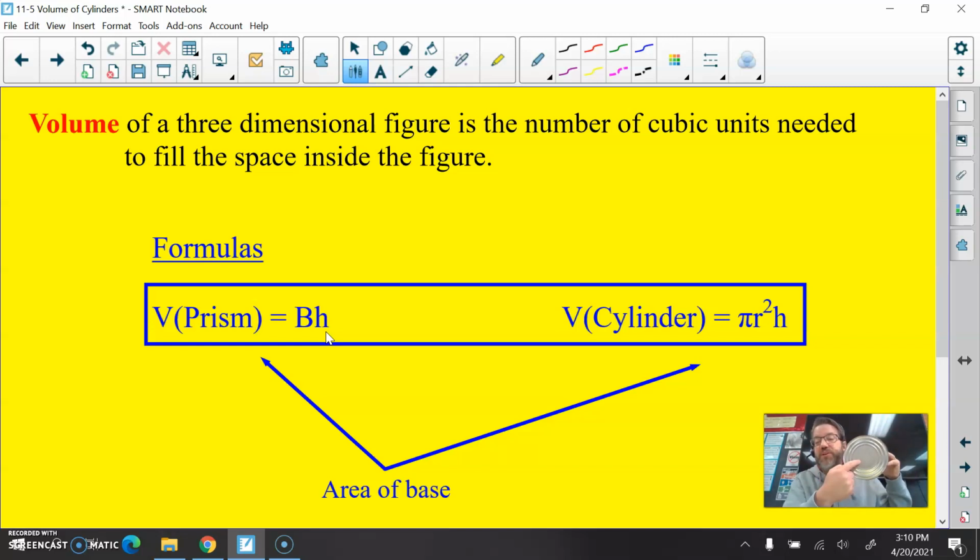The base is a circle. How do you find the area of a circle? Pi r squared. So look at your formula for the volume of a cylinder. It's just pi r squared, which is big B, the area of the base, times h, the height of the cylinder. Isn't that a nice short formula? Volume of a cylinder, pi r squared, times h, area of the base, times the height.